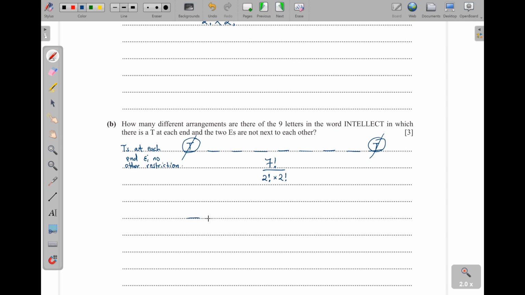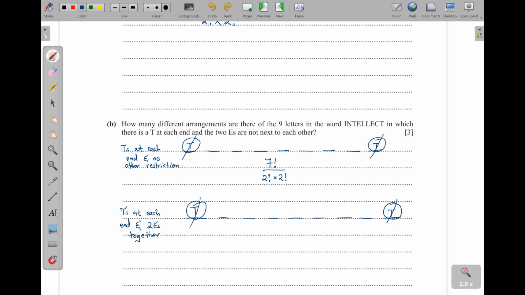Now, 1, 2, 3, 4, 5, 6, 7, 8, 9. I can still have the 2 T's at the end, okay? So T's at each end and 2 E's together, okay? So they are saying when the 2 E's are not together.